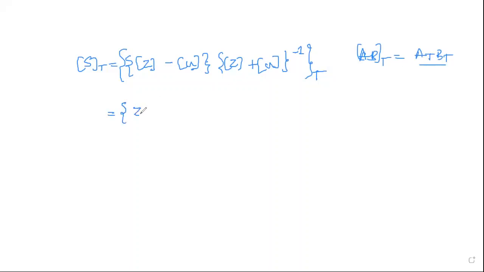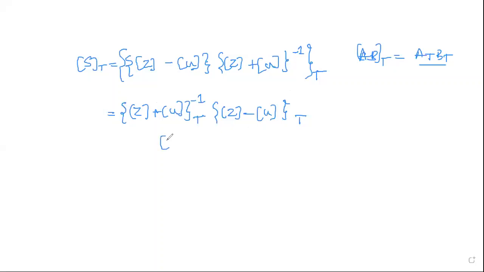So which will give you the equation: Z plus U inverse transpose, and Z minus U transpose. B transpose will be Z plus U inverse transpose, and this will be Z minus U transpose.